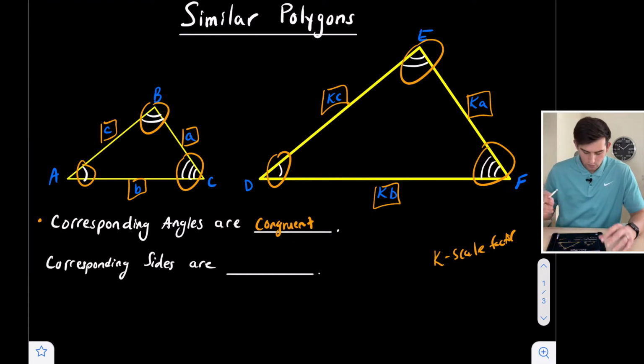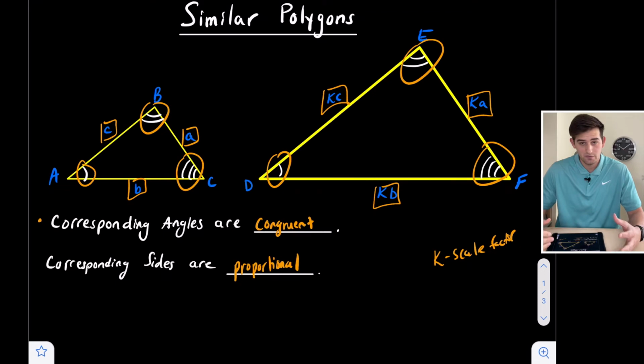So corresponding sides are not congruent. They could be: if our scale factor was 1, the shapes would be congruent and similar. But most often the scale factor is not 1, so corresponding sides are what we call proportional. We can use those two pieces of information to help us solve problems involving similar polygons.